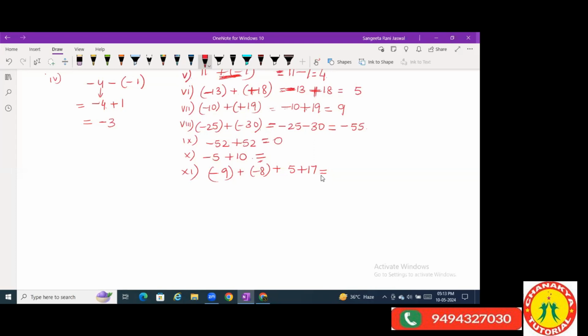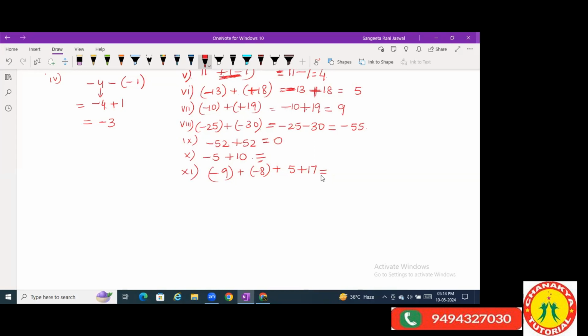Ma'am, first we'll go to minus 5. Yes, minus 5. And minus and plus is minus. So we're going to minus the 10 with 5. What is the answer? The answer will be minus 15.